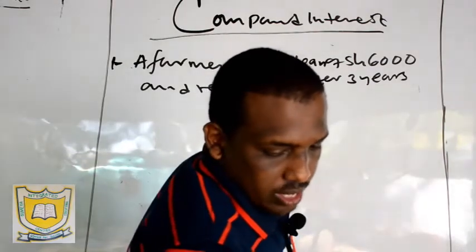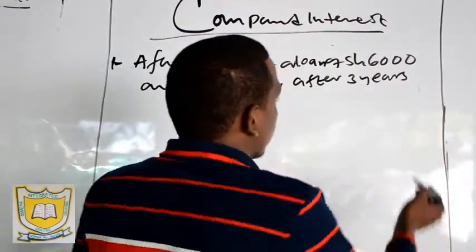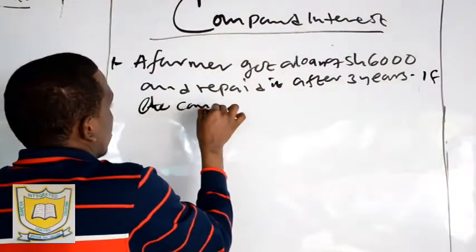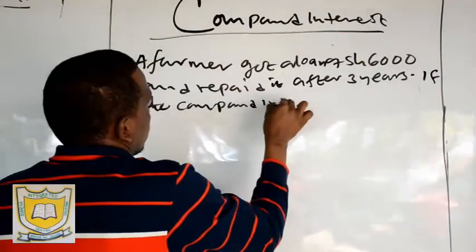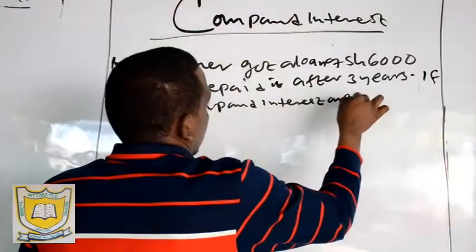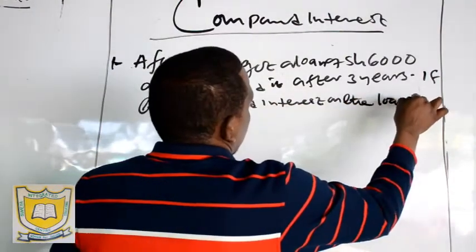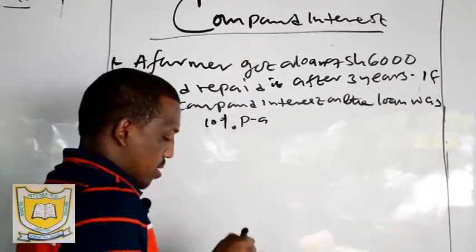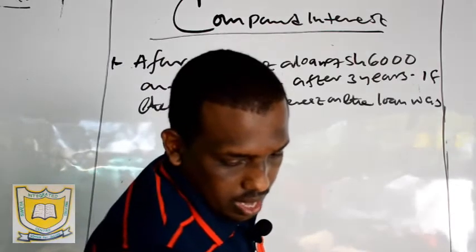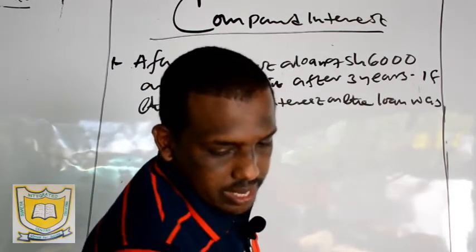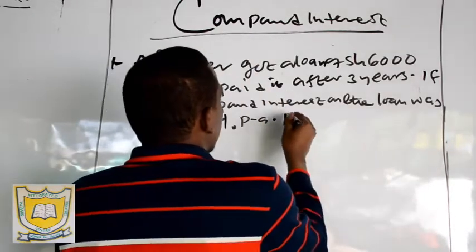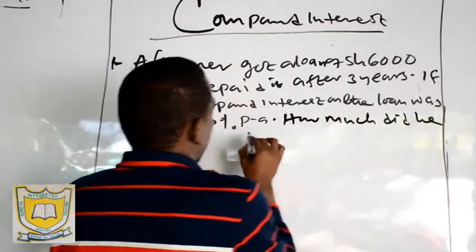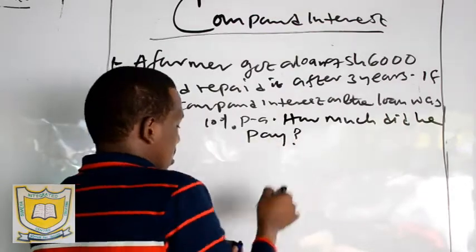If the compound interest on the loan was 10% per annum, how much did he pay?